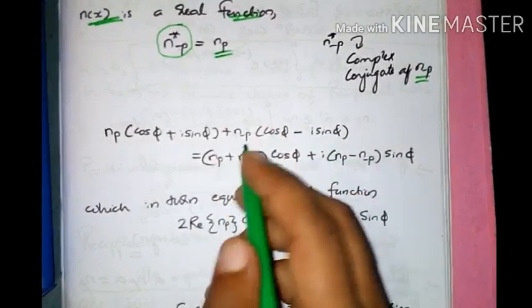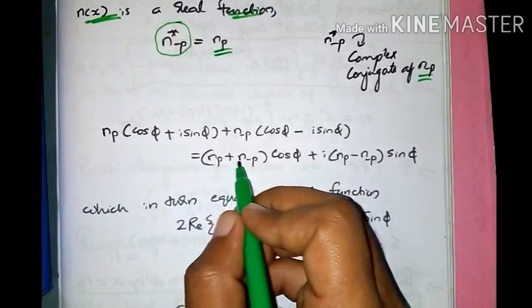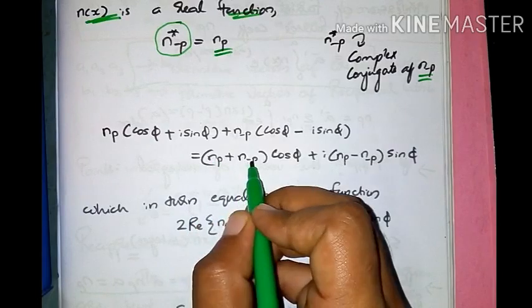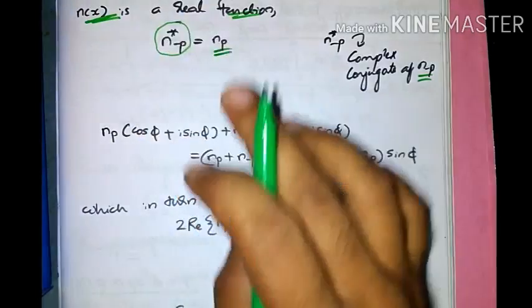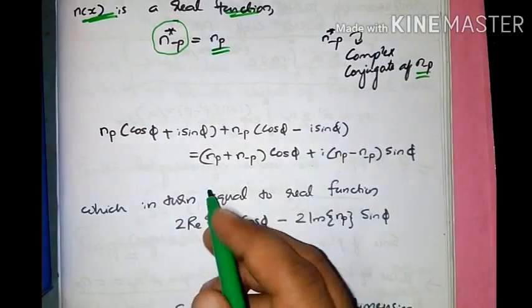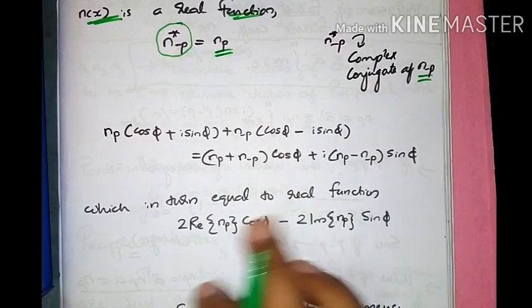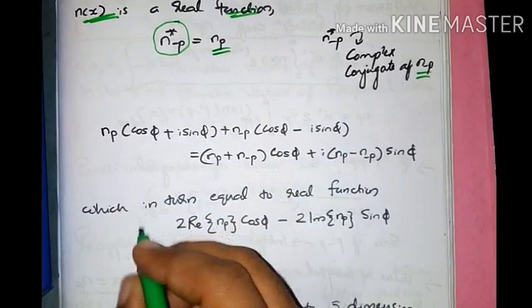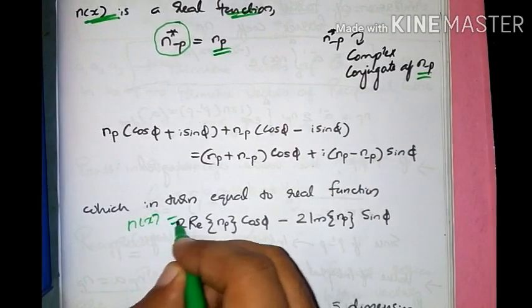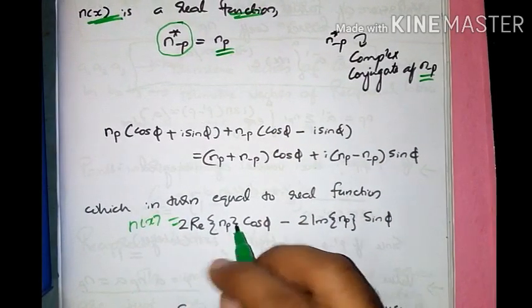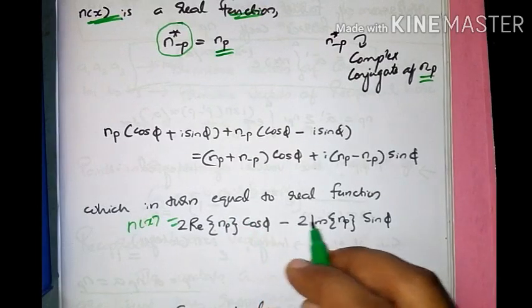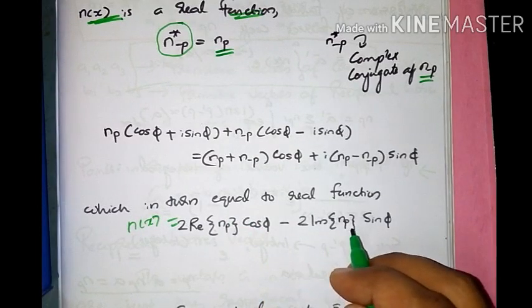Now np and n minus p are the same, as the complex conjugate is the same, and we can rewrite this, which in turn is equal to a real function. So we obtained n of x as a real function: 2 real np cos phi minus 2 imaginary np sin phi.